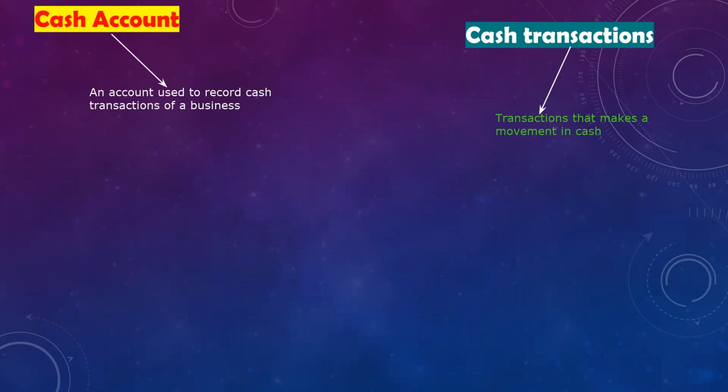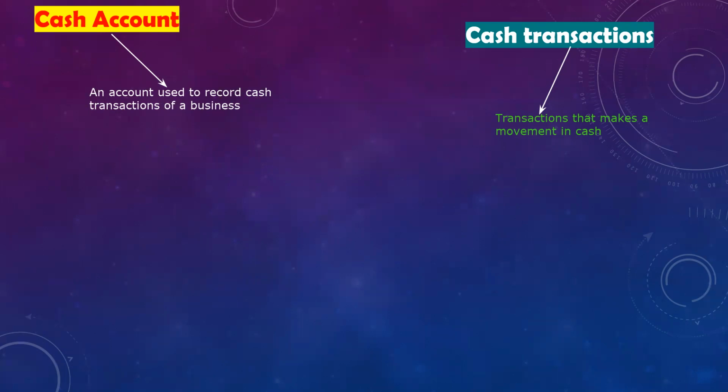Then only you will understand what swimming means. Likewise, practically we have to understand what is cash transaction, what is cash account. Definition we can write, very good British English, US English. But practically can we understand what is cash transaction? Don't worry, I'll make it easy.